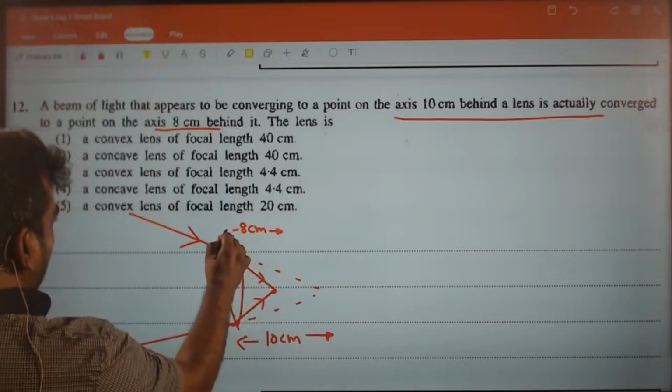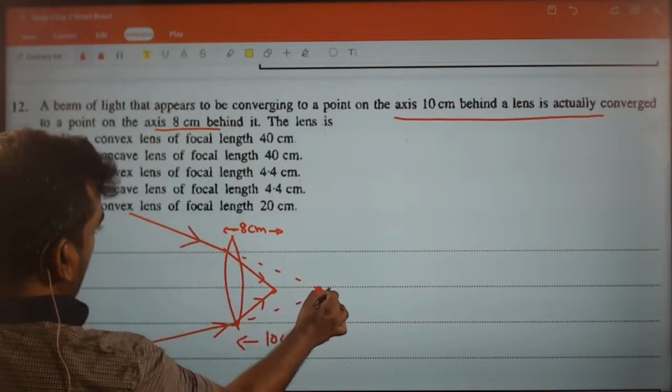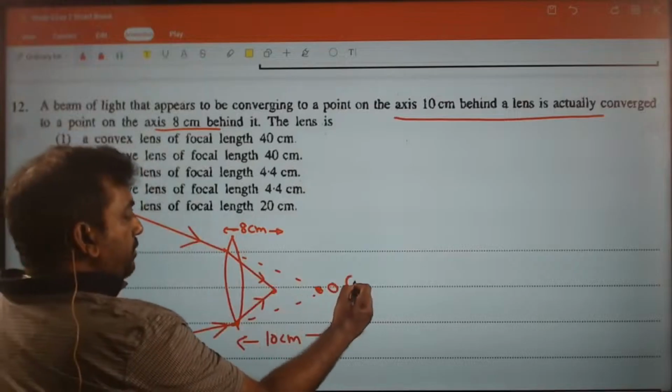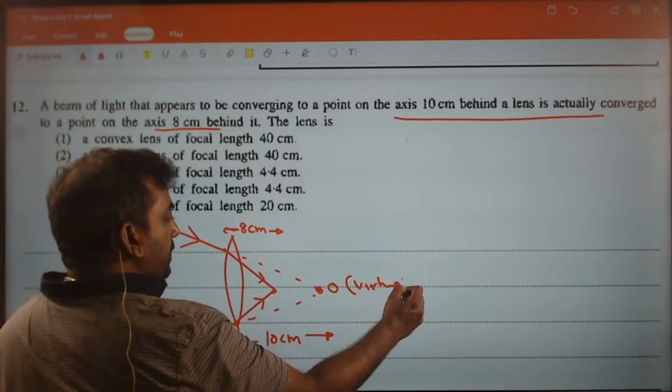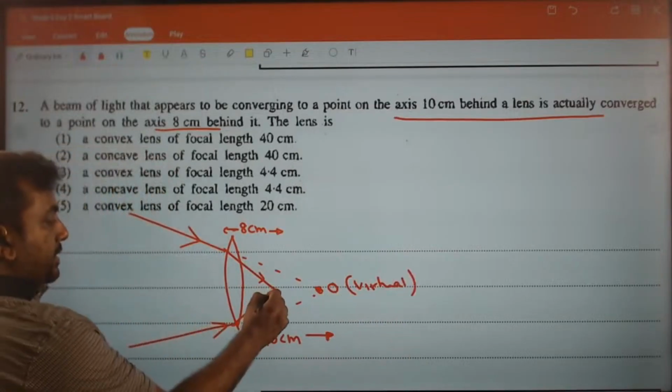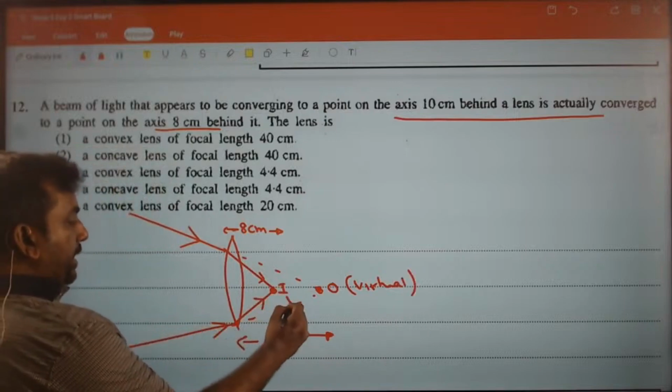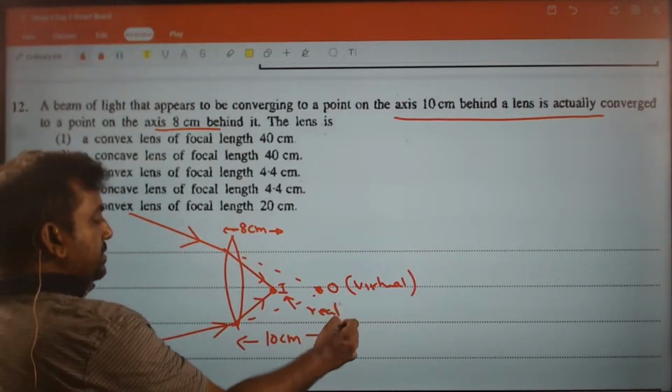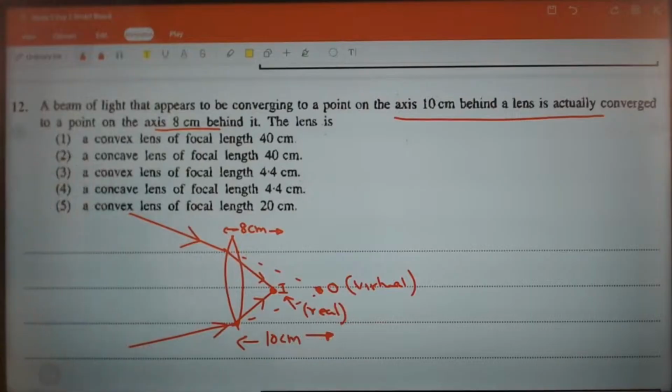So the incident rays seem to meet at this object. What object? Virtual object. This is your image. What image? Real image. Virtual objects will give real images.